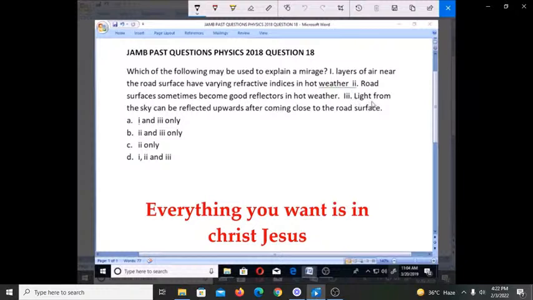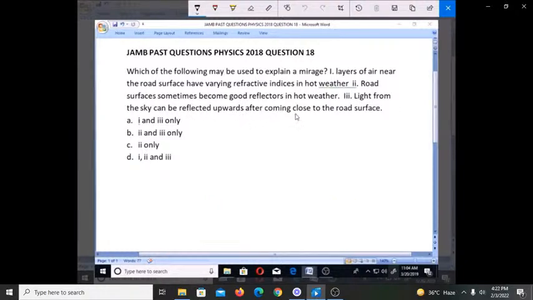III. Light from the sky can be reflected upwards after coming close to the road surface. So we have the following options: A, I and III only; B, II and III only; C, II only; D, I, II and III.